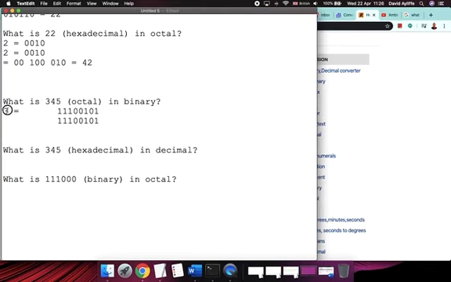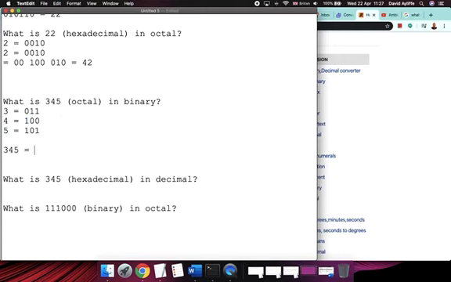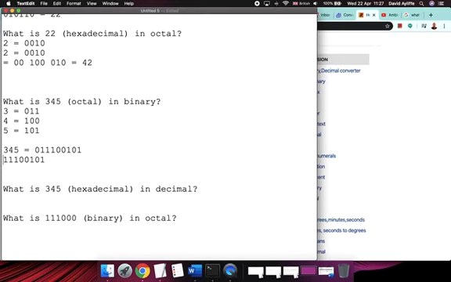There we go. So let's run through that again: 0, 1, 1, 1, 0, 0, 1, 0, 1. And just to double check, yes, so 345 in binary.